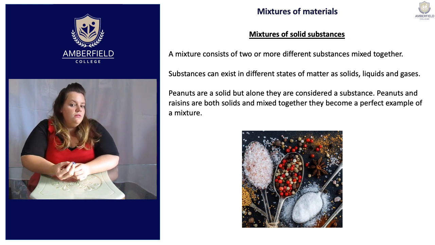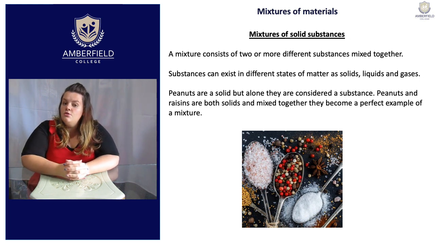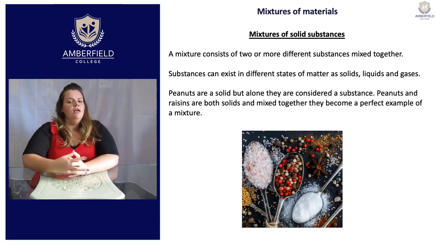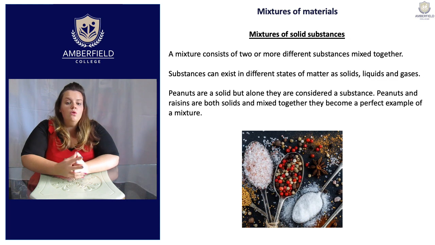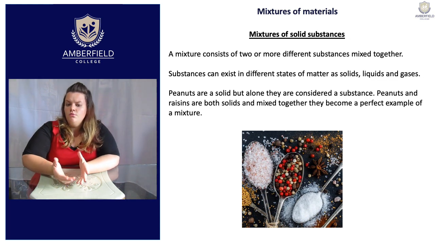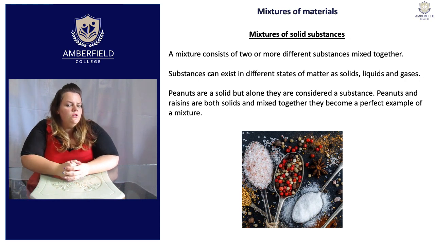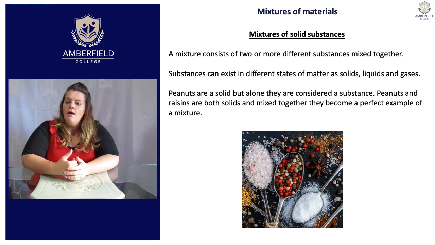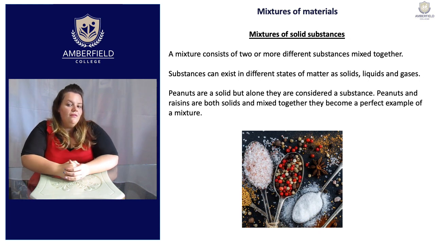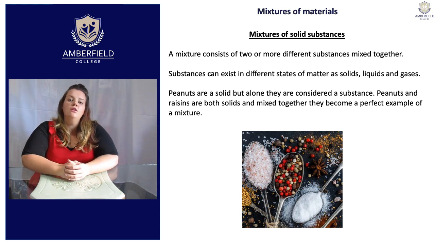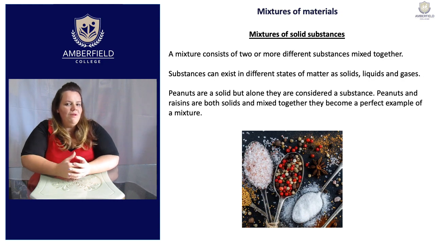A substance can exist in different states of matter: solid, liquid and gas. Peanuts are a solid, but alone they are considered one substance. Peanuts and raisins are both solids, and mixed together they become a perfect example of a mixture.